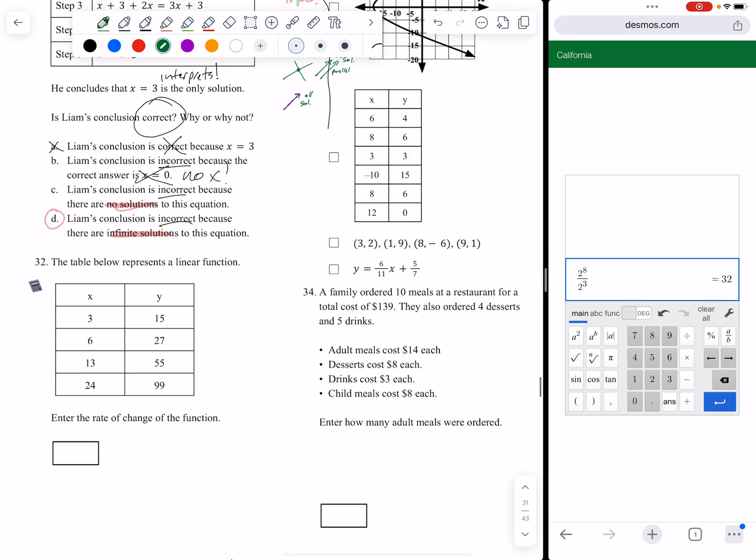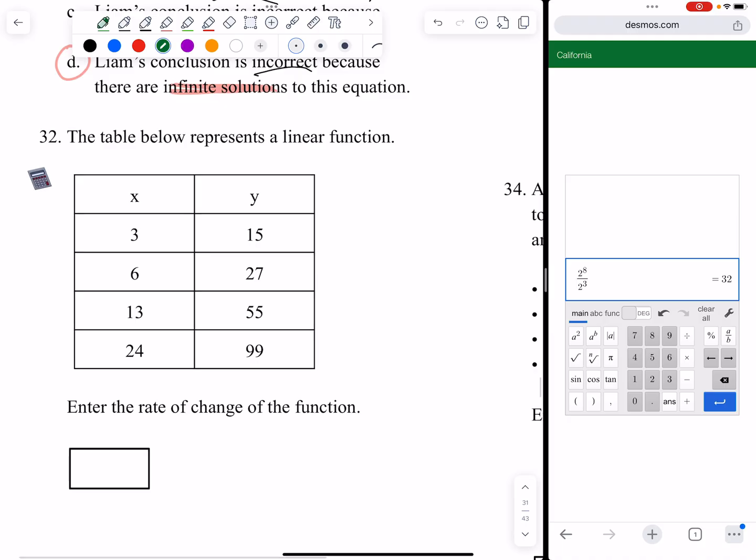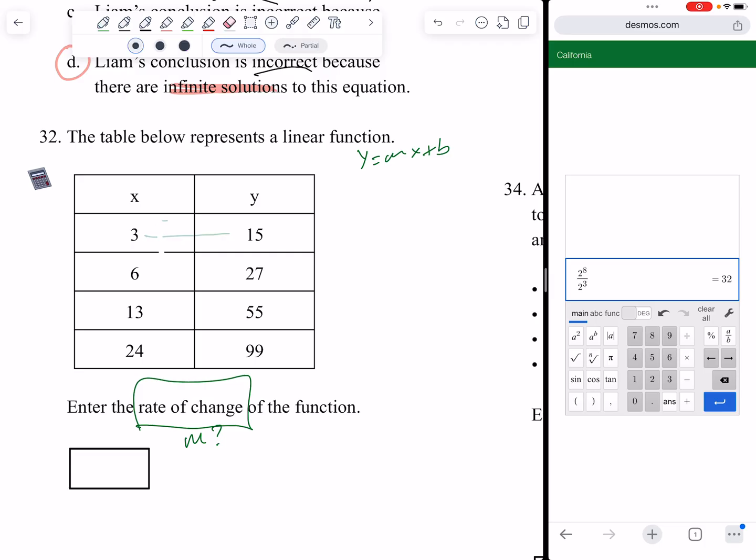All right, moving on. The table below shows a linear function. Enter the rate of change. Okay, so in other words, that's your m. Okay, so my equation is y equals mx plus b. Or I could figure out what did I do to get 15. A lot of you are like, times 5. Yeah, that doesn't work for 6. Okay, so that doesn't work.